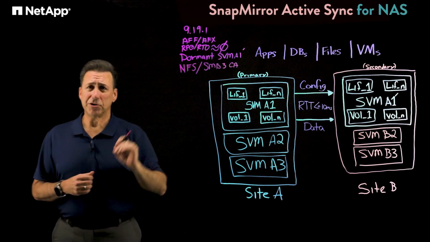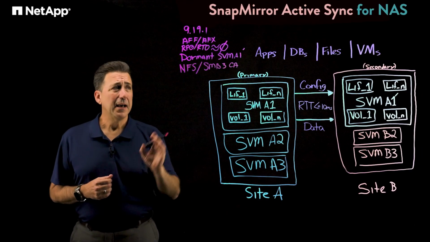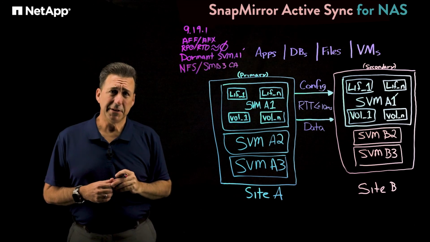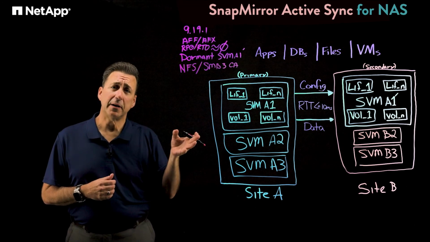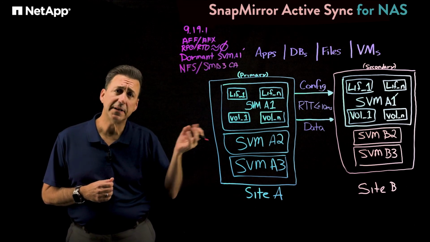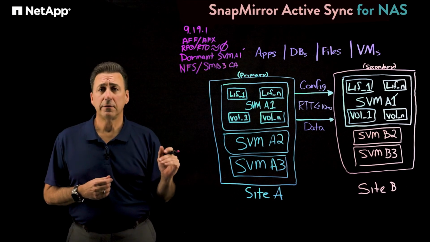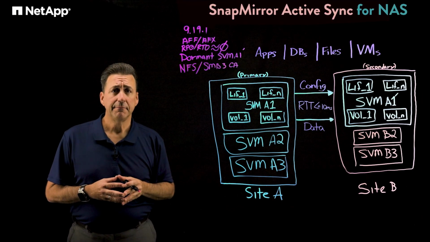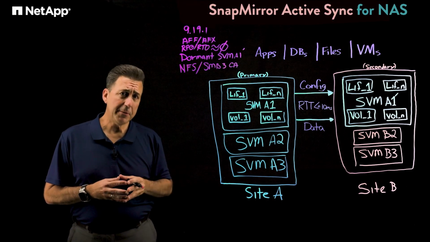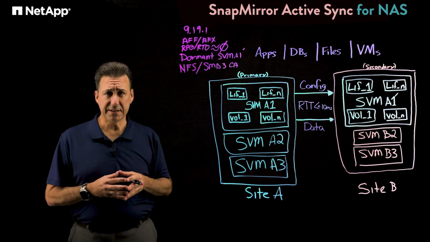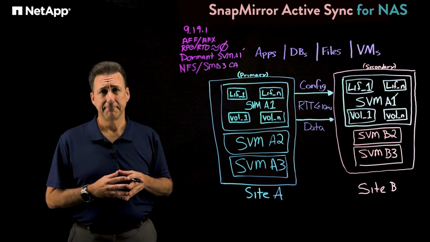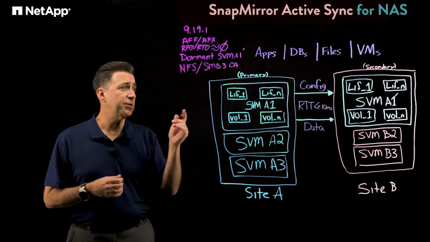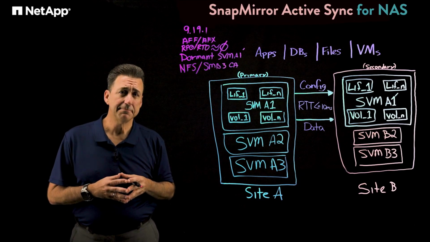Again, that's all versions of NFS and SMB3 continuous availability shares will experience the transparent or non-disruptive failover. All other versions of SMB, while the data will make it and be replicated synchronously, the application itself will still incur an outage.